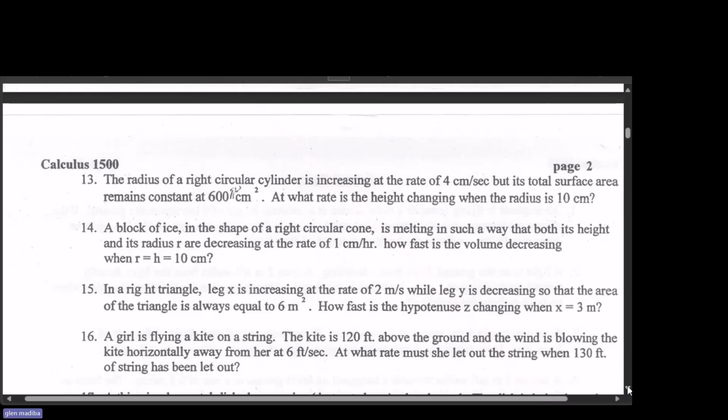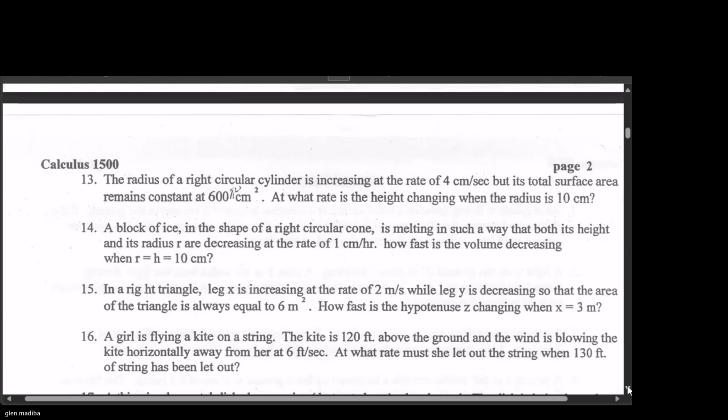Meaning this girl is holding a string, and this string is attached to the kite that is in the sky. Okay? Then, next line, it says the kite is 120 feet above the ground.